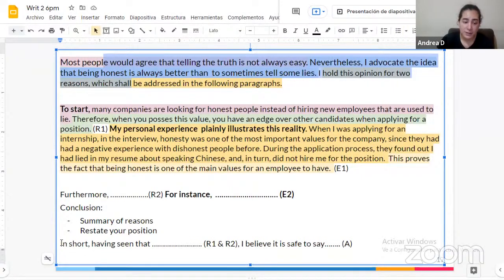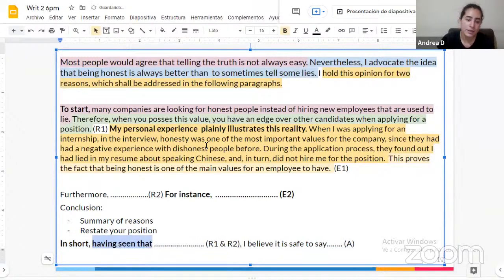You're gonna say something like this if you want. So in conclusion, or in short, having seen that, which basically means we have already seen or explored these 2 ideas. So having seen that, and here you summarize the first and the second reason. You could say an honest person has better job opportunities, and the other one, I think it was, I don't know, avoids getting in trouble.